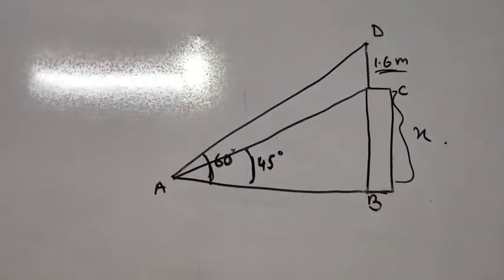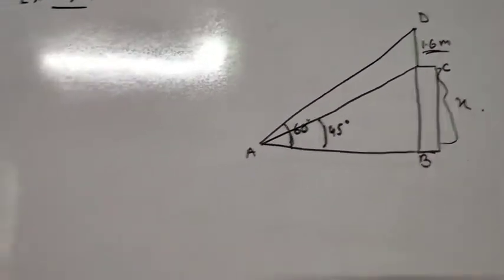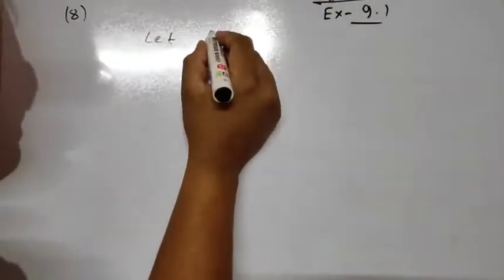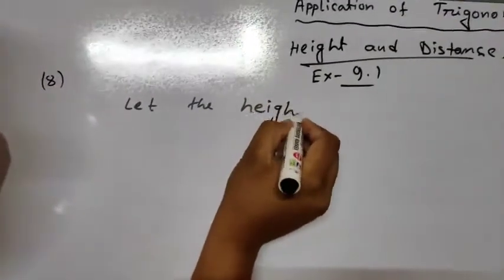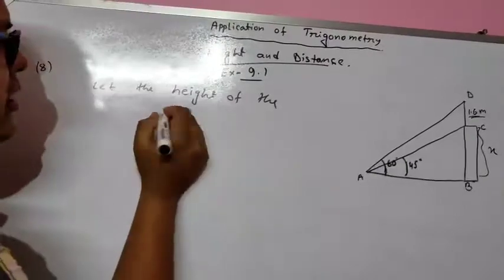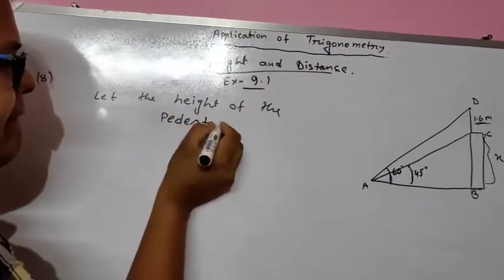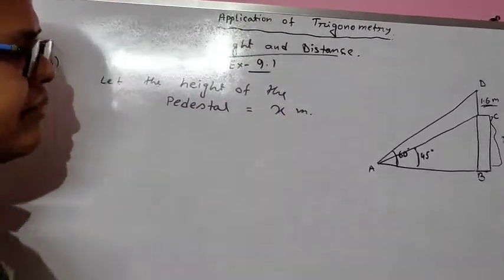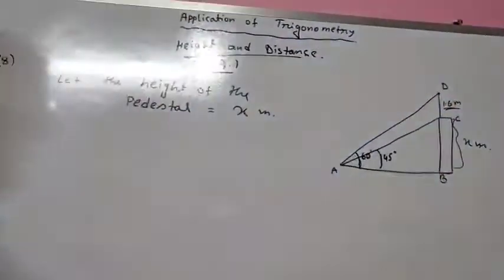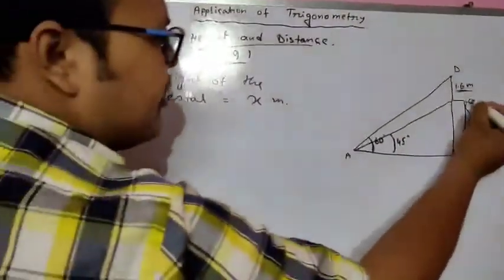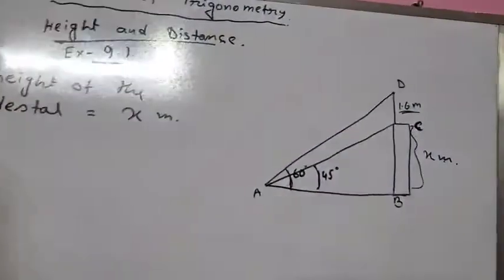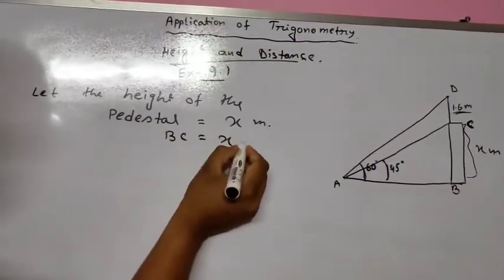Okay, so first let's assume the height of the pedestal equals x meter. If we name this figure ABCD, then BC equals x meter, as we have assumed.